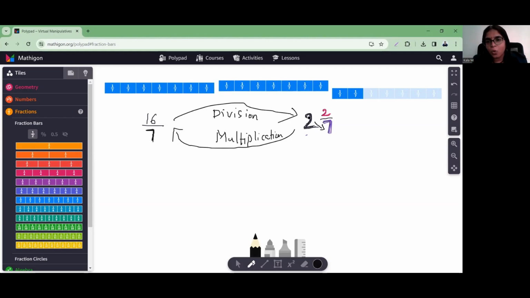This is the quotient, right? The quotient and the divisor. And I also want you to understand, when we are doing division, how do we verify the answer? We multiply the divisor. The divisor is 7, right?